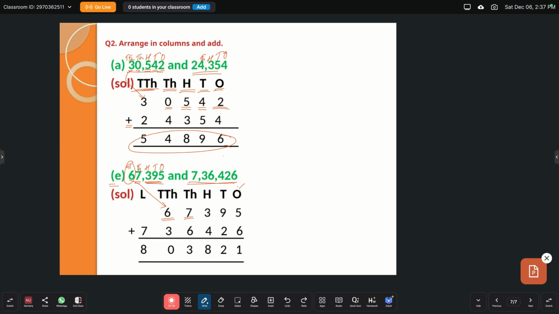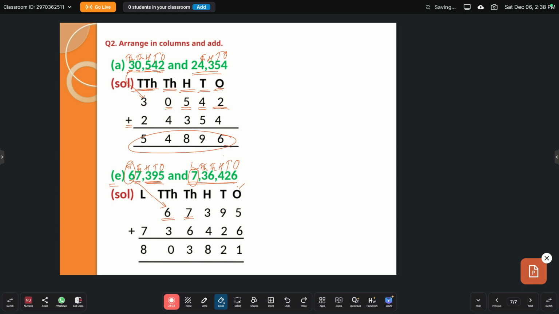Okay. Now, I have to add another number to it, beta. This is ones, tens, hundreds, thousands, 10,000s, and this is lakhs. Okay. Now, this 7 is at lakhs place. So, I will write this 7 in the lakhs column. Okay.